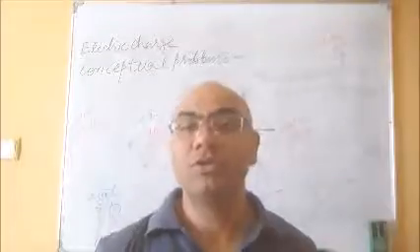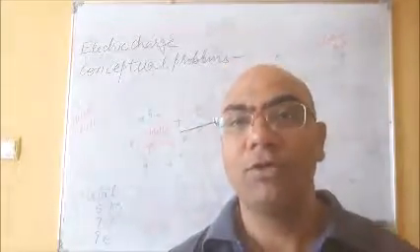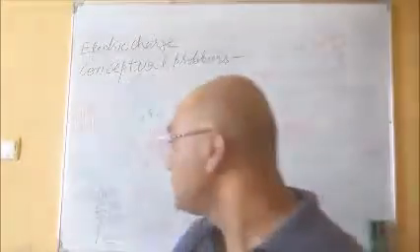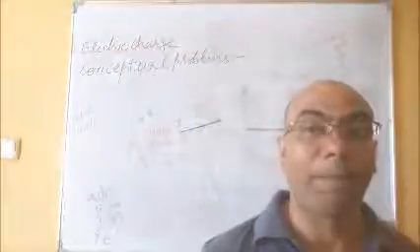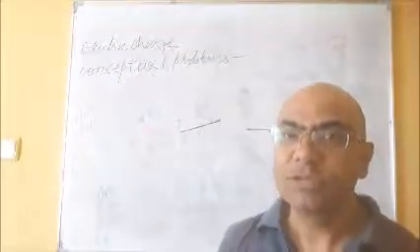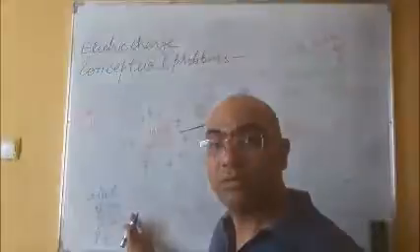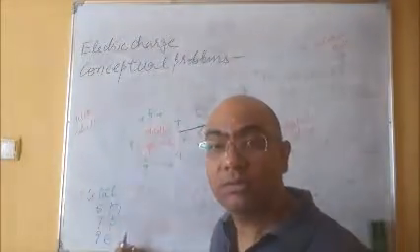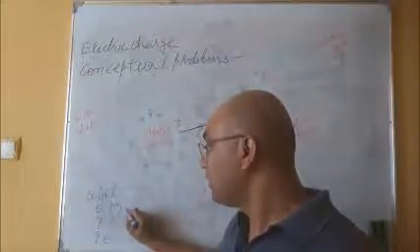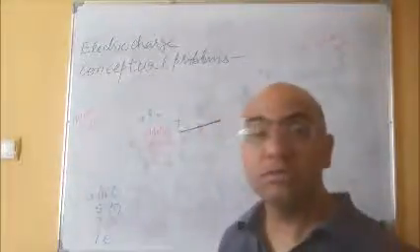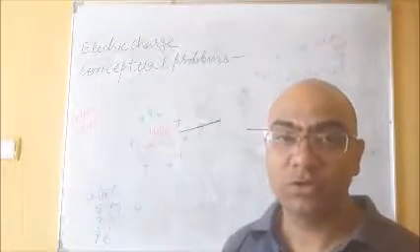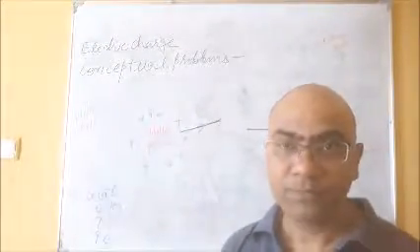So what would be the value of the overall charge on this metal? You see, 5 neutrons, 7 protons, 9 electrons. The neutrons have charge 0 because a neutron does not have any charge.